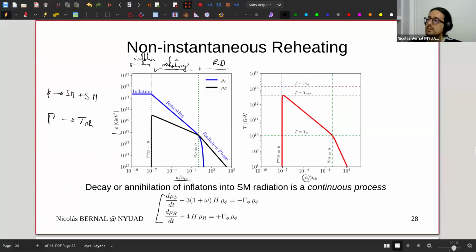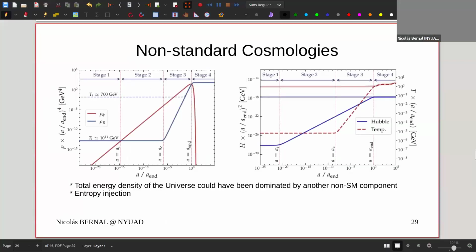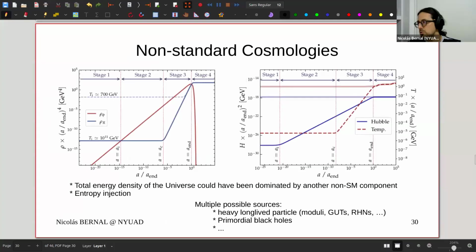Okay, that's the case of reheating, but we can also imagine non-standard cosmology. Non-standard cosmology could be triggered basically by a heavy particle. So you can imagine simply a case of early matter domination. And these early matter dominations are, from the model building point of view in particle physics, trivial to construct, right? You just need a heavy particle with a long lifetime, could be a second, right?